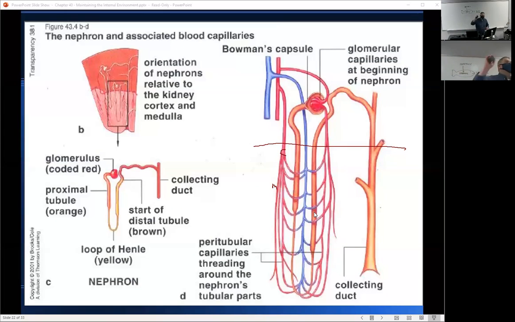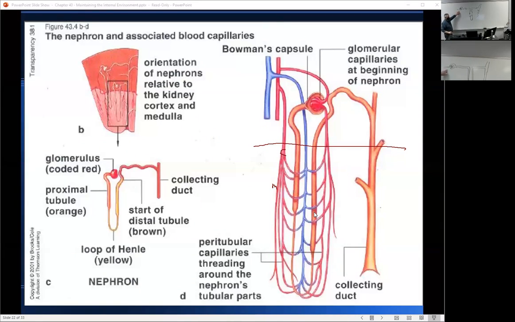Before we start talking about the nephron function, let's talk about the parts of the nephron. Okay, so let's start over here.